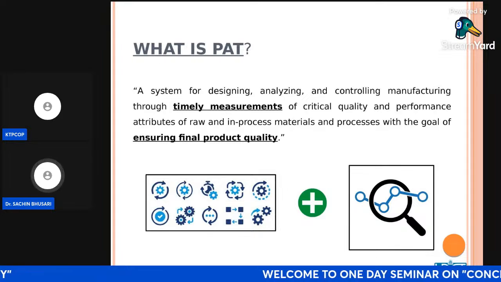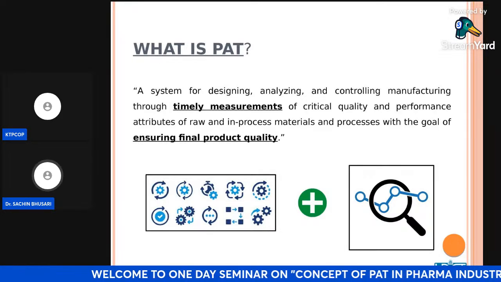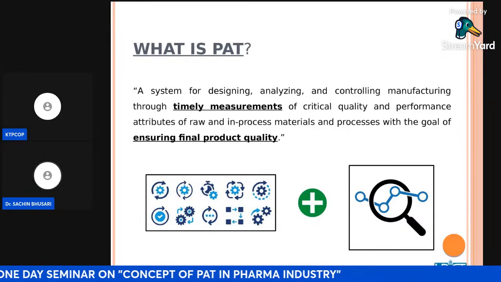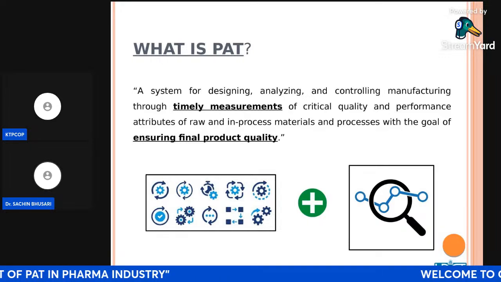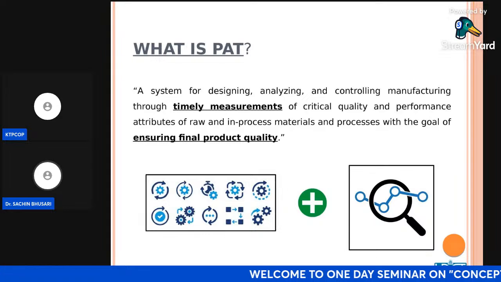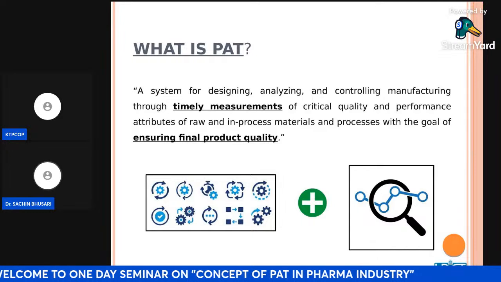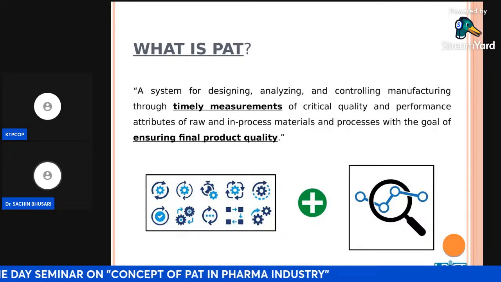Even the US FDA has clearly mentioned and defined PAT. You can see, a system for designing, analyzing, and controlling manufacturing through timely measurements. There are two highlights in this definition. The best part of this PAT is real-time measurements. Of what? Of critical quality and performance attributes of raw and in-process materials and the processes, with the goal of ensuring final product quality.